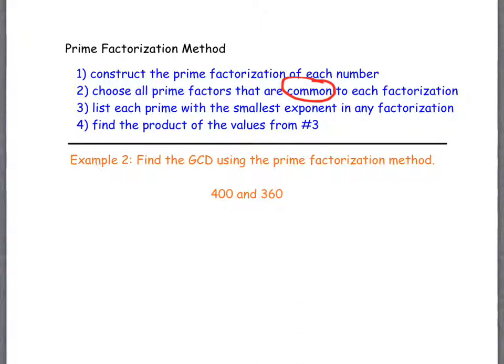Steps 2 and 3 should feel like we've already done this. You had me do two of them on the board when you did questions, where we looked at different values and factored out things they had in common. That's all this method is. And then the last thing is to multiply them out, to find the product from that set.